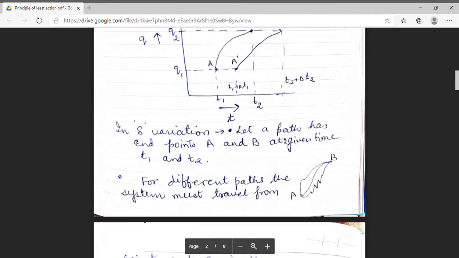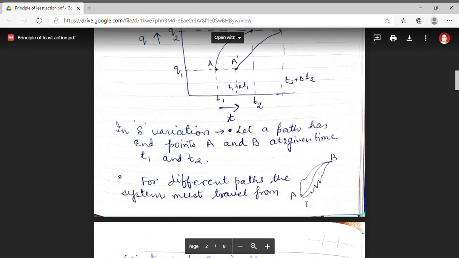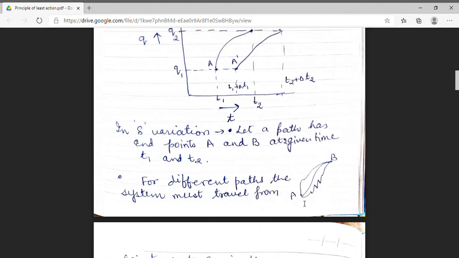So, first of all, we will be dealing with the del variation. For this purpose, I have taken two points, A and B. We have to travel from A to B. That means these are our endpoints. I can walk through any one of these paths.